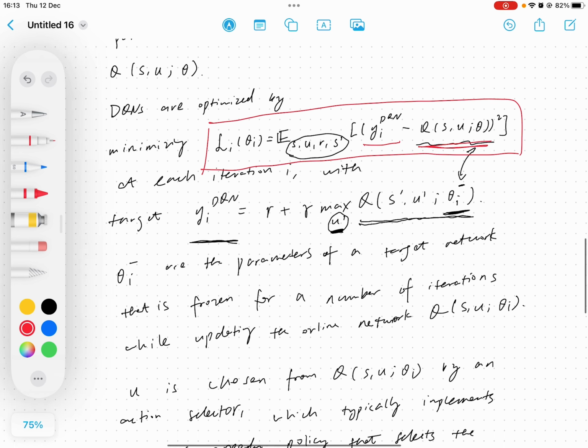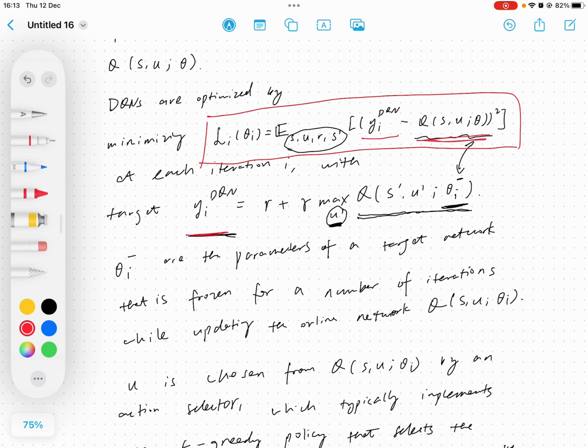Inside this target value y_i^DQN, we do not only have the current reward r, but also the discounted future rewards, by looking one step ahead.